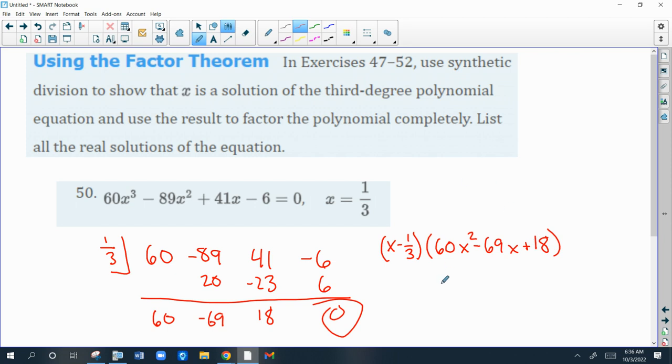Now, from here, you want to factor out a common factor, and that's definitely at least 3. So let's factor out a 3. And the reason why that's going to be really nice is because, well, you'll see. I'm going to factor out a 3 from this.